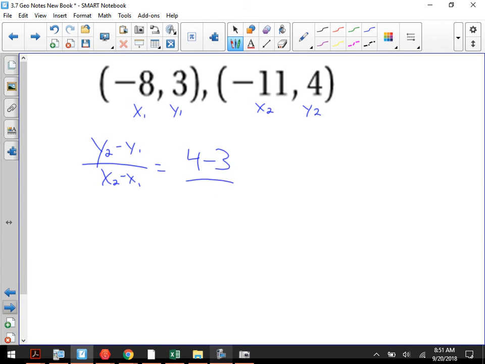Minus 3, negative 11, minus negative 8. Let's see if we get 1 over negative 3. Now, do you guys know what to do when you have a negative just in the denominator, not in the numerator? You know what it does? What do you mean by flip it?